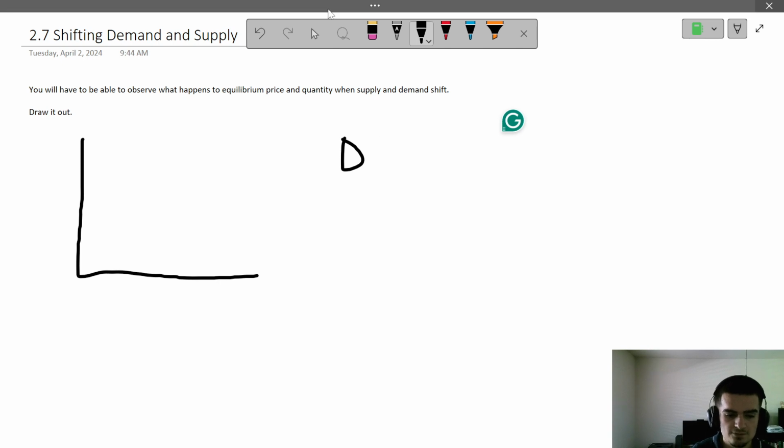2.7, you have to observe shifts in demand and supply and what happens in those, right? So when demand increases, what happens?